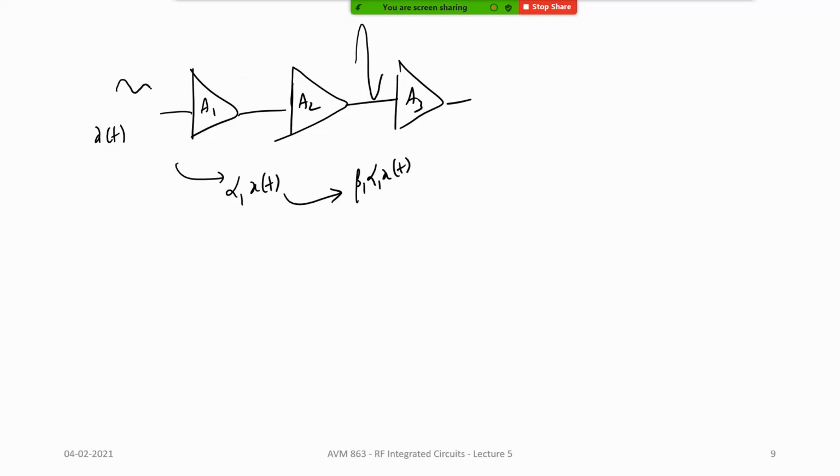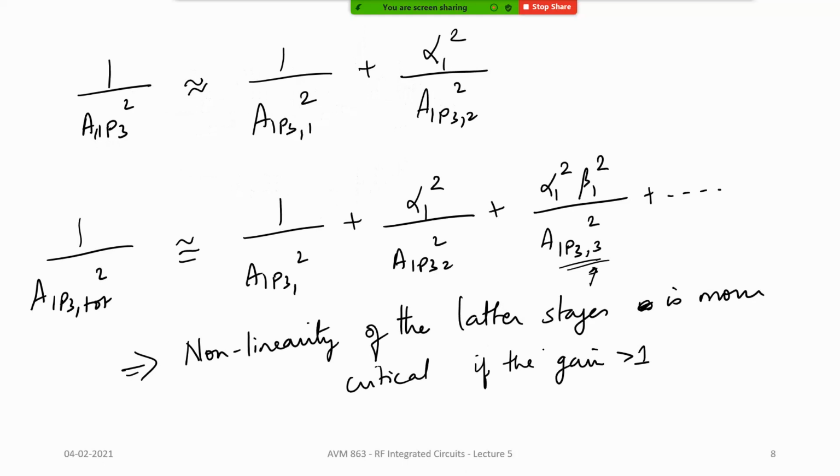If you had a smaller amplitude, here it will be a little bigger. Now the input of the third amplifier is seeing a very large amplitude. So the linearity performance of the last amplifier is even more critical, because you are looking at all gigantic tones sitting at its input. So obviously, by common sense also, we will say that A3 has to be quite linear, and that is what we are seeing from the equations also.